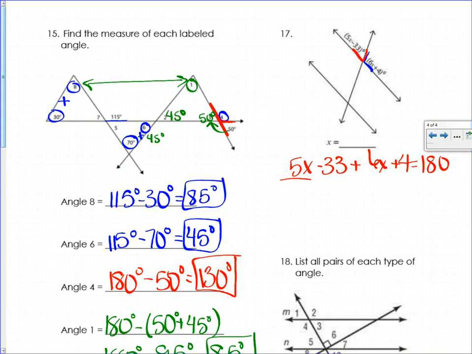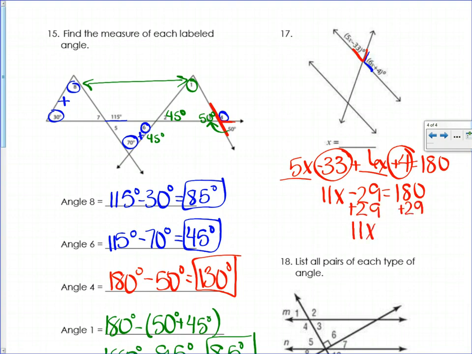So 5x plus 6x is 11x, and then negative 33 plus 4 is negative 29 equals 180. Add 29. 11x equals 209. And when you divide by 11, x equals 19. So we know x is 19.